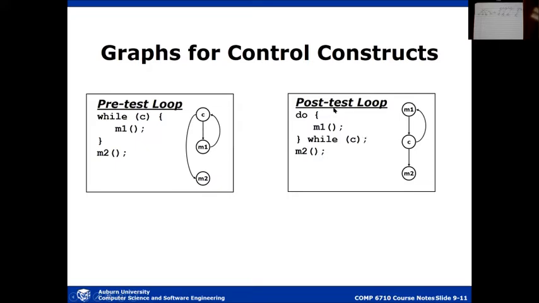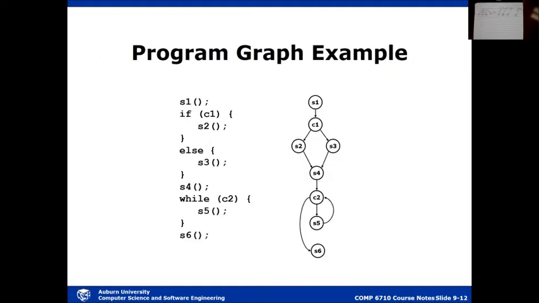And a post-test loop: if the condition C is true, we loop, we iterate again, so we go to the loop. When it is false, we go out, right? This is what we learned in programming kindergarten, so it's quite straightforward. Are you ready for an example?